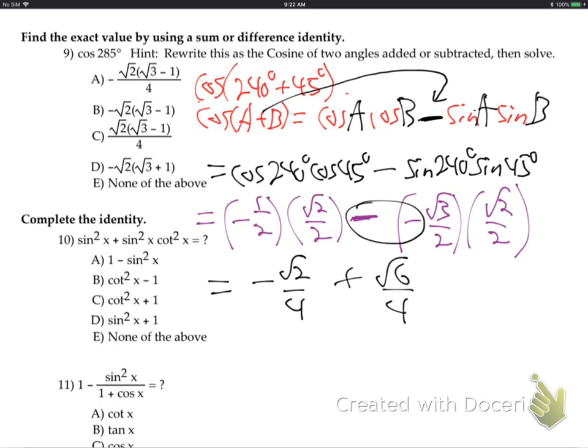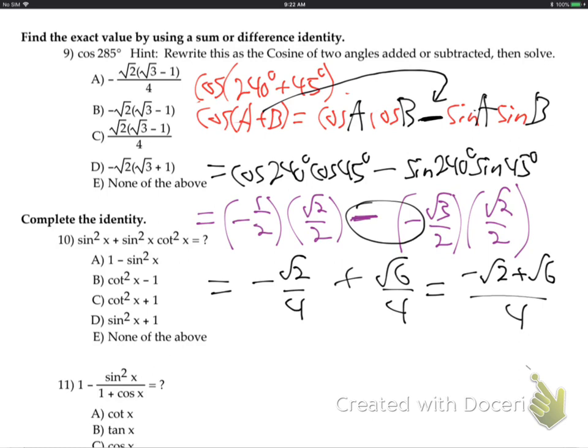Uh-oh, the answers don't look like that. To put them together over the same denominator, that's not going to help a lot. Still doesn't look right. What are we going to do?